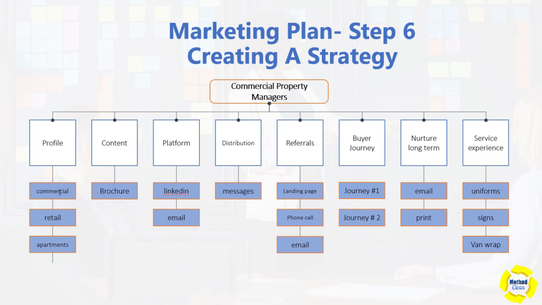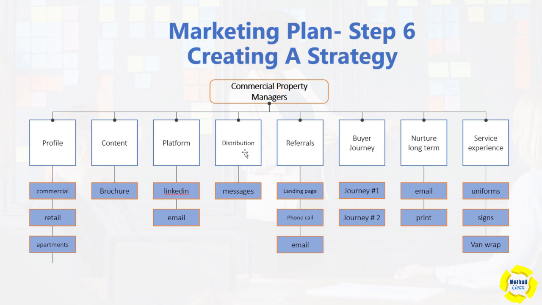And that's the point of creating a strategy. And then we'll progress through, well, what platforms are best to reach commercial landlords? We would start asking ourselves, should we use LinkedIn? Should we use email? Can we advertise to them? What kind of networking groups do they belong to?